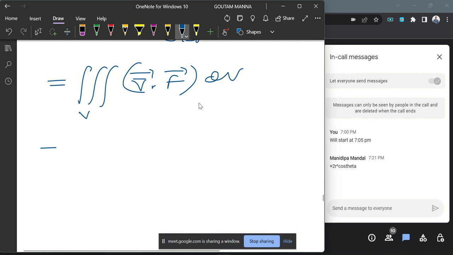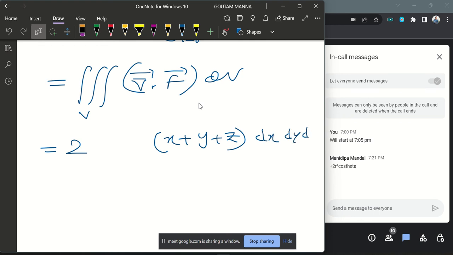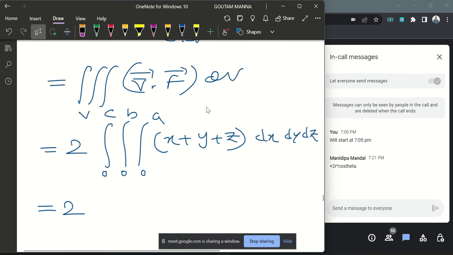Now if we write it here and take 2 outside, it will be x plus y plus z, and dV is dx dy dz, where x goes from 0 to a, y goes from 0 to b, and z goes from 0 to c. To calculate this integral individually, for the x integration we get x square by 2, and then there is the dy dz integration from 0 to b and 0 to c.